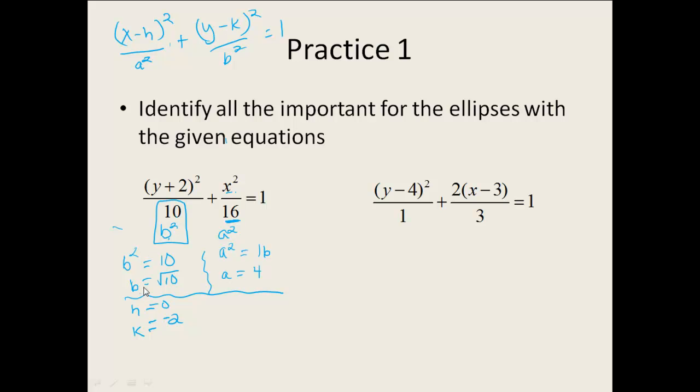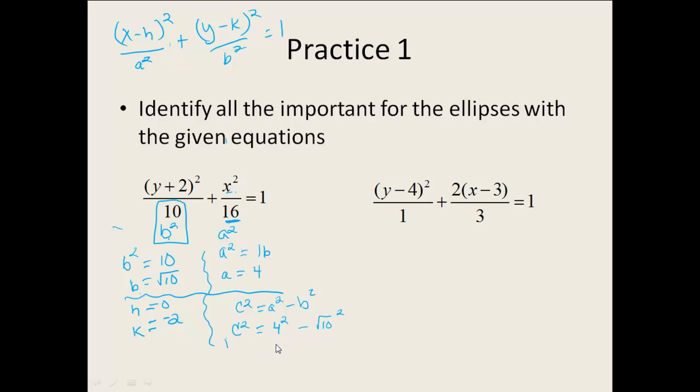So far I have a, b, h, and k. The only one that I'm missing is c. So I'm going to go ahead and use that formula we've written down a couple of times, that c squared is equal to a squared minus b squared. Well, when I plug that in, a is 4, b is the square root of 10.